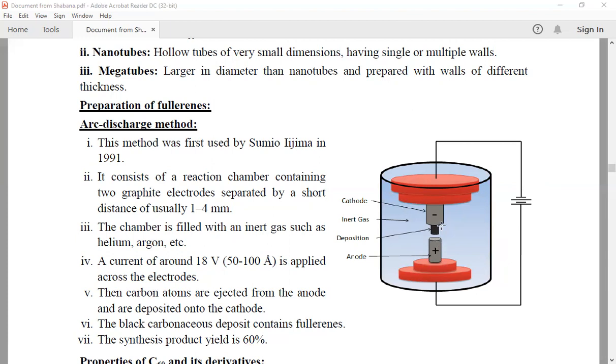They get deposited on the cathode. That is the sooty residue from which many fullerenes can be isolated. The product yield by this method is 60%.